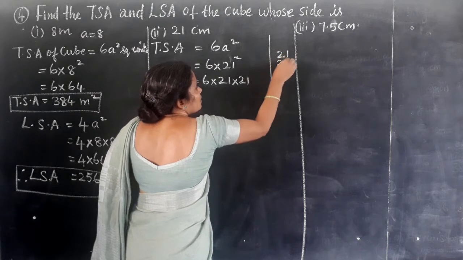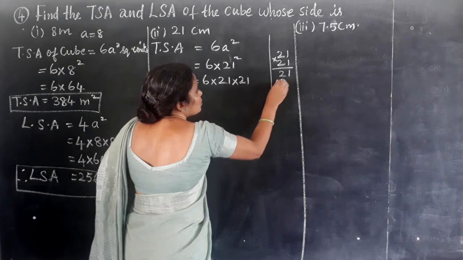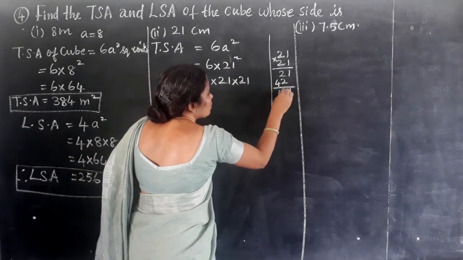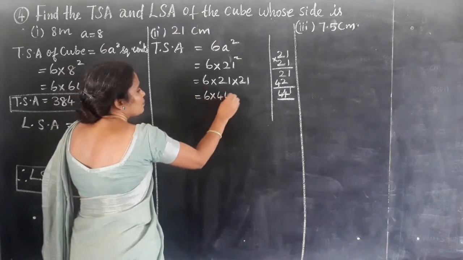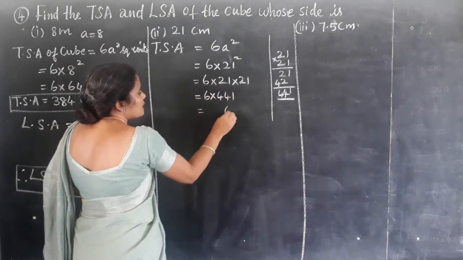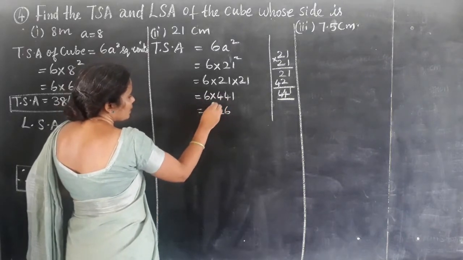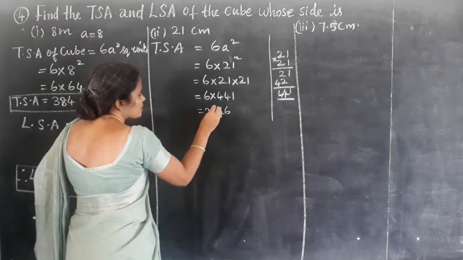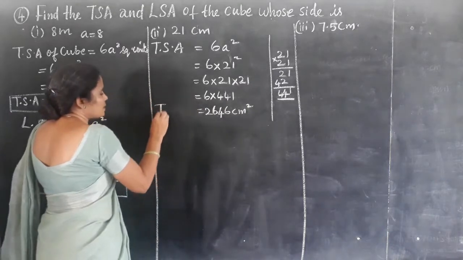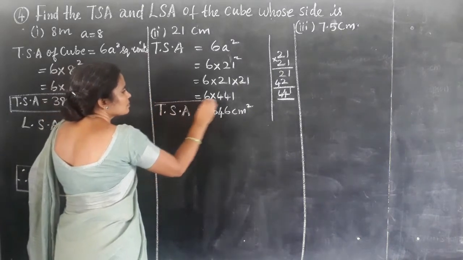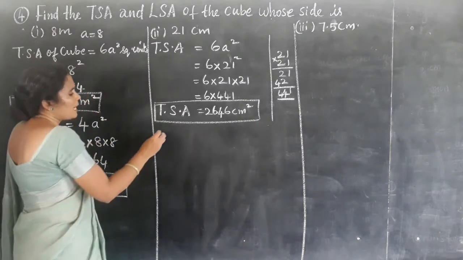So 21 into 21. 1 1s are 1, 2 1s are 2, 2 2s are 4, 441. 6 into 441: 6 1s are 6, 6 4s are 24, remaining 2, 6 4s are 24, 25, 26, centimeter square. So TSA is equal to 2646 centimeter square.